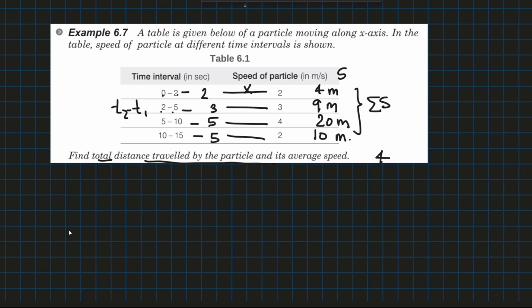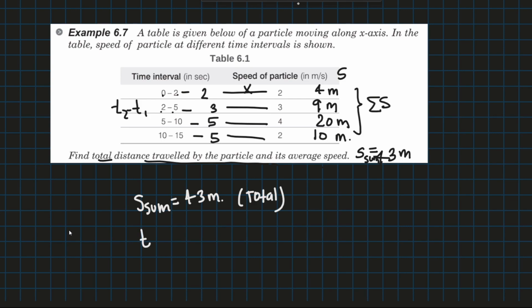The sum is equal to 43 meters. Now the total is 43 meters.